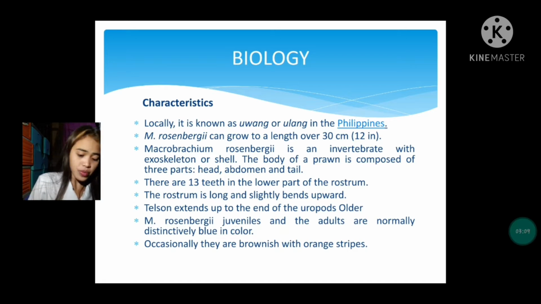But Macrobrachium rosenbergii can vary according to where the prawns are found. It depends on where you find it, in what water, and where it can adapt to the environment. So the color varies because of their environment.